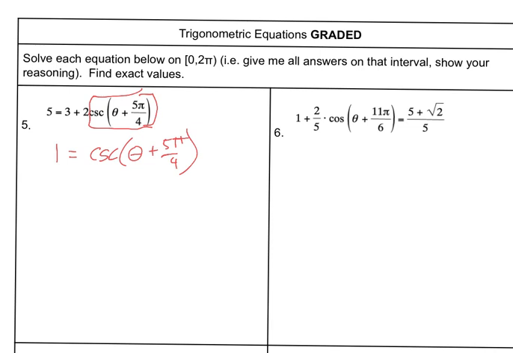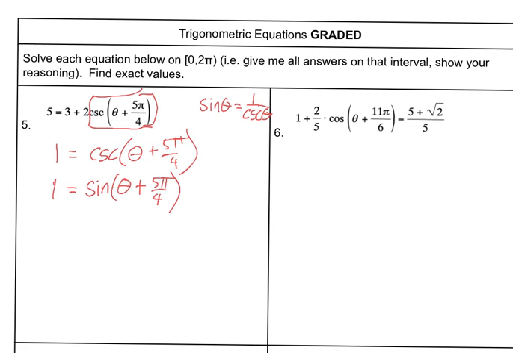Okay, I know that 1 equals cosecant is kind of a nice thing, because we also know that sine of theta is equal to 1 over cosecant of theta. So I can do the reciprocal of both sides, and it really doesn't change much in terms of what our equation looks like, which is really a beautiful thing.